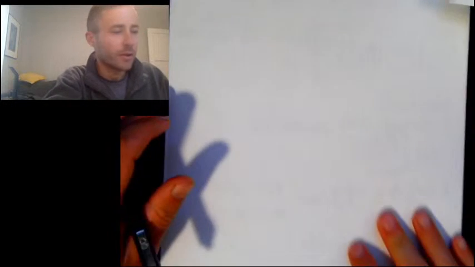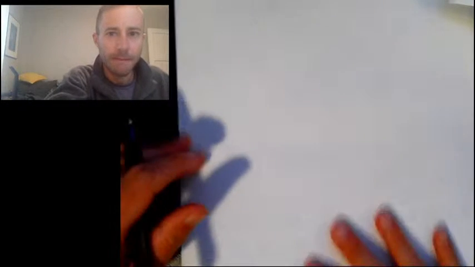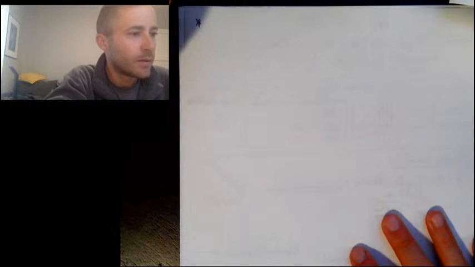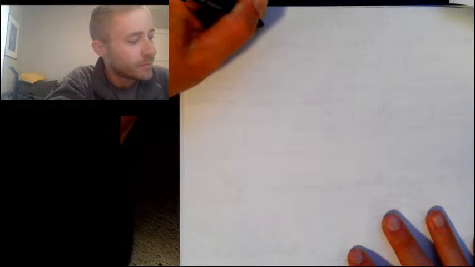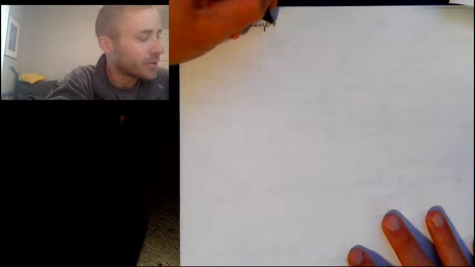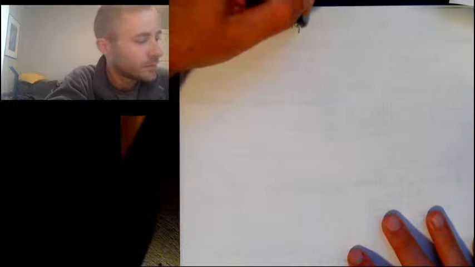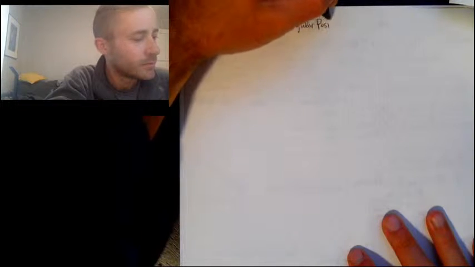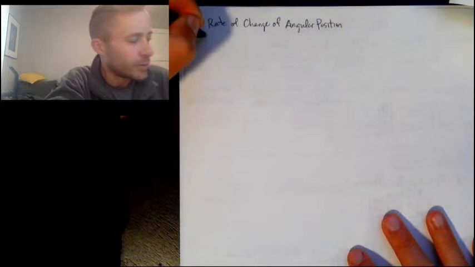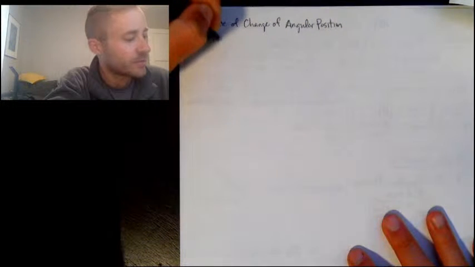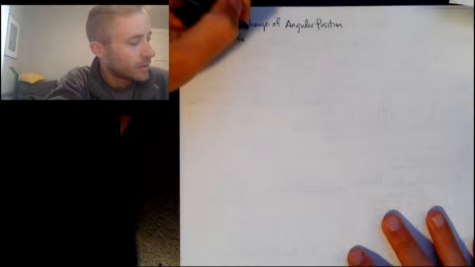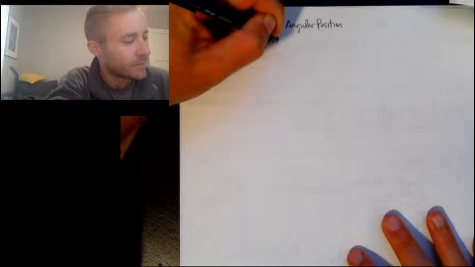All right. So the next quantity that I want to talk about is the rate of change of angular position, which would be equivalent to how fast something is spinning.